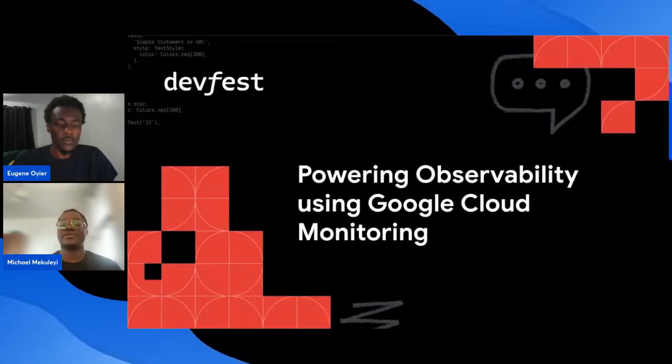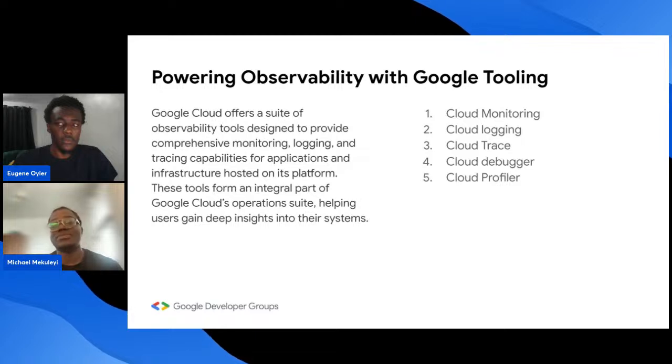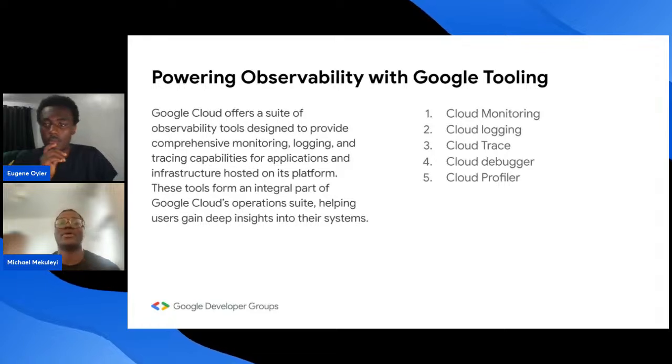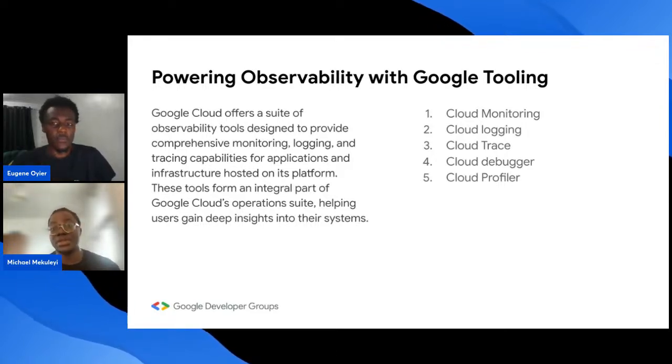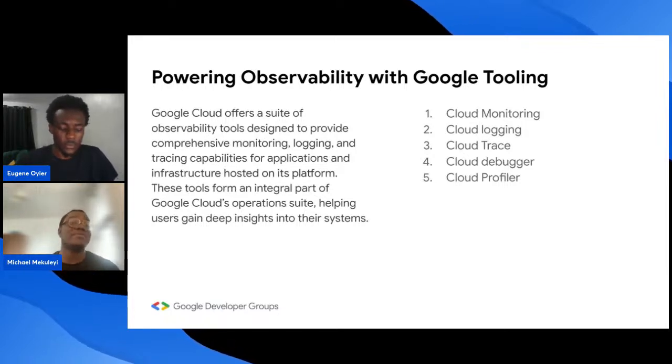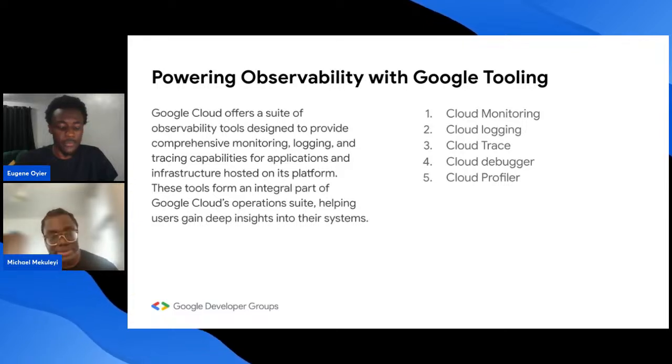So, powering observability with cloud monitoring, we have a group of tools that we use, a very light suite of observability tools. At a point in time, I've used everything: cloud monitoring with alerting, cloud logging for logs, cloud trace for latency, cloud debugger for debugging code, cloud profiler for CPU and performance.